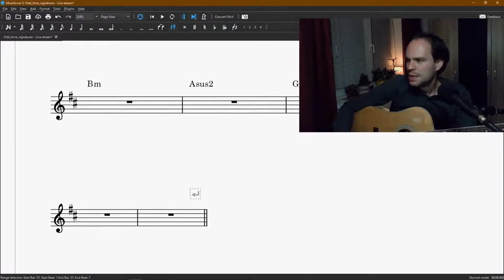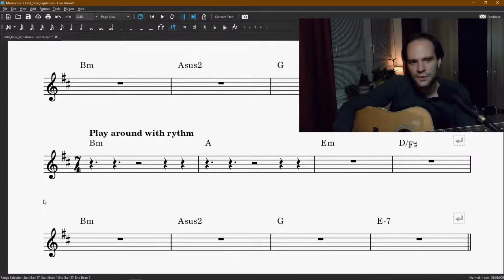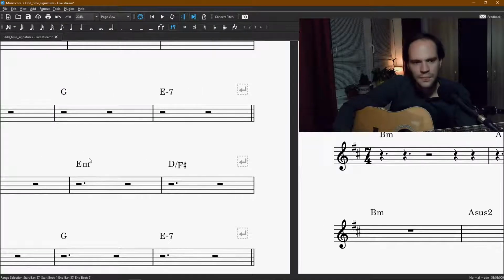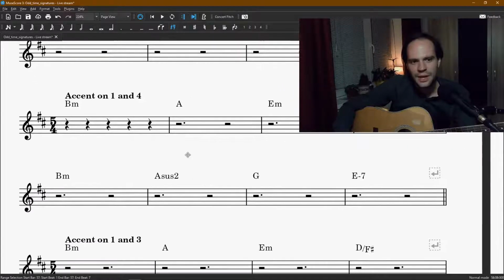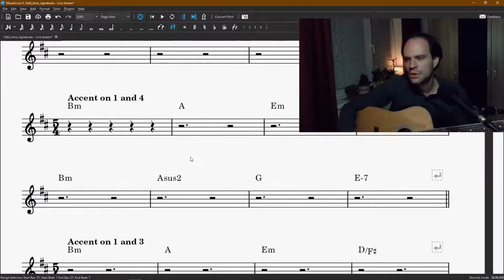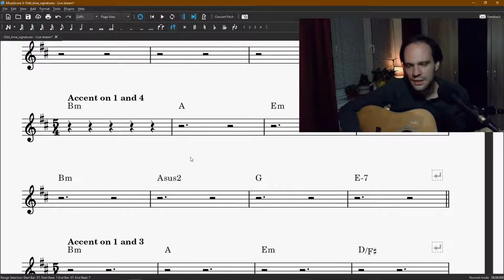I can imagine maybe there's a question about what's the difference between 5/4 and 5/8, which would be a very valid question.